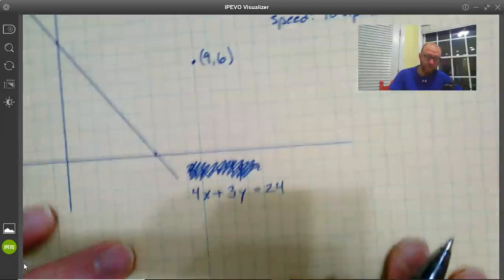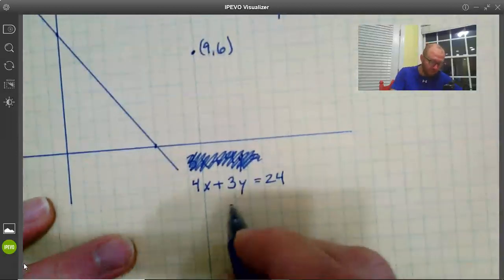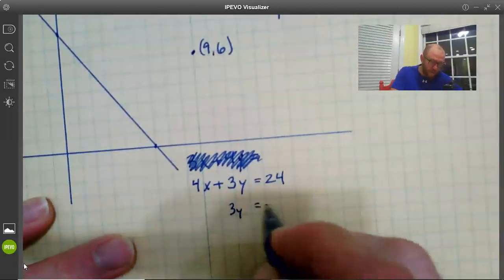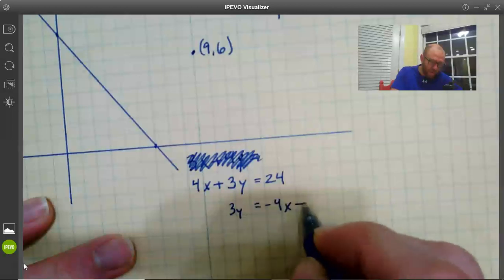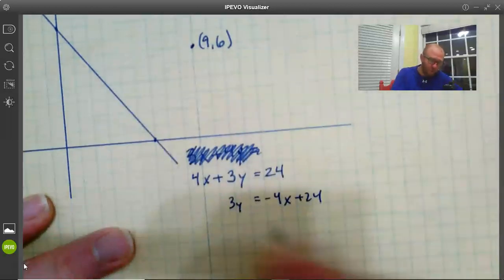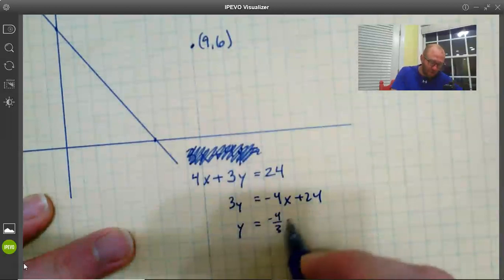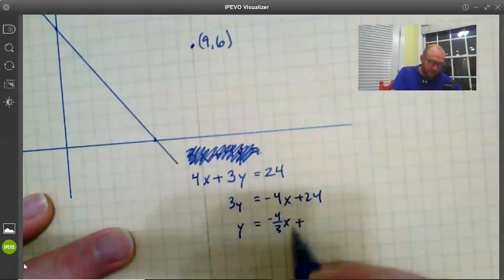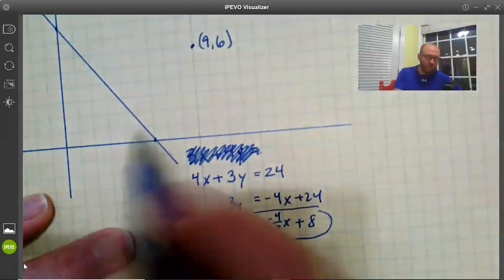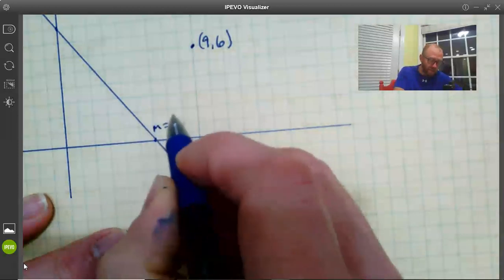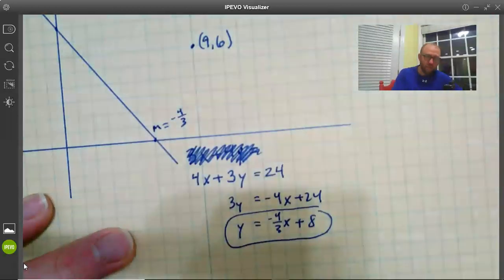So first, I'm going to rewrite this in slope-intercept form. 3y equals negative 4x plus 24, divide by 3 on both sides, and I get negative 4/3 x plus 8. That tells you my slope for this line is negative 4/3.